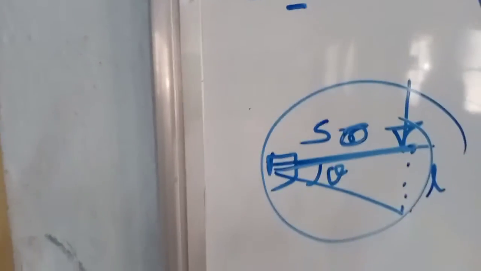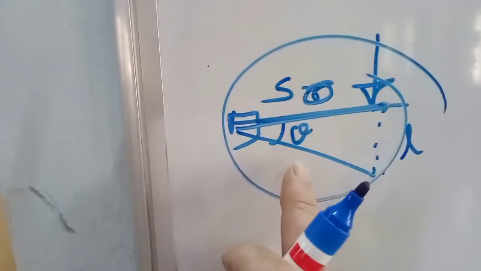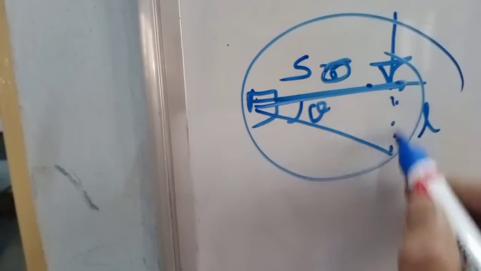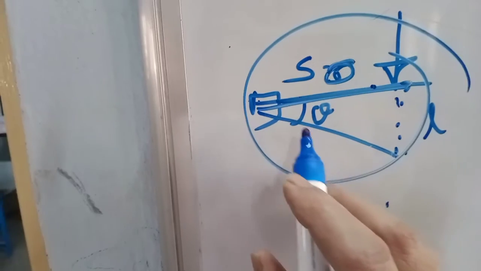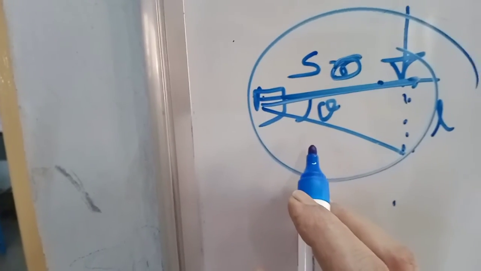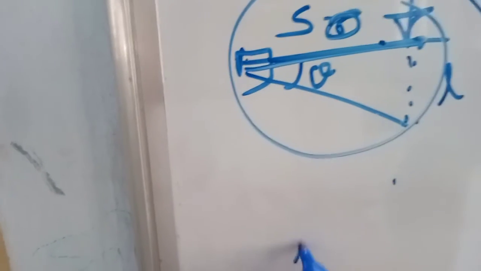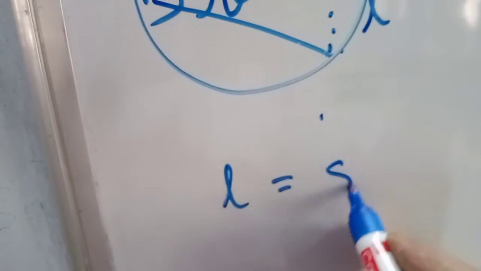You just see, here we would like to find theta. We know these distances. Let us say it is L. How can we find theta? The formula is L is equivalent to S into theta.